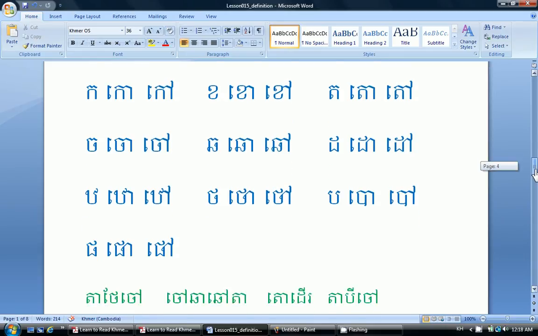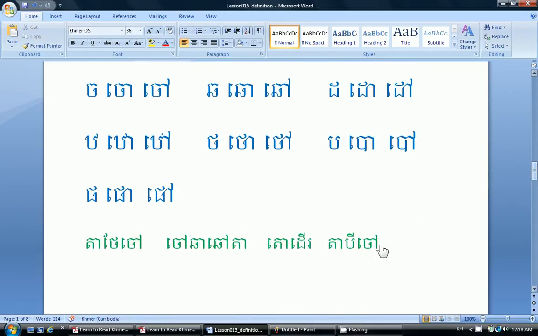Okay, so here are the phrases that we saw. Ta thai chow, chaw cha chaw ta, daw da, ta bai chow. Let's sound these phrases.